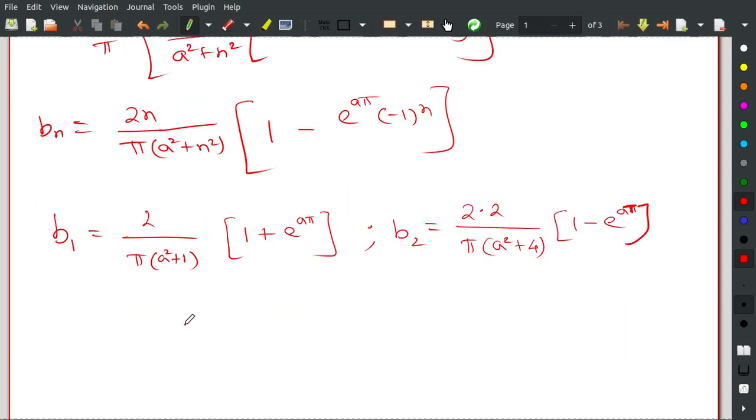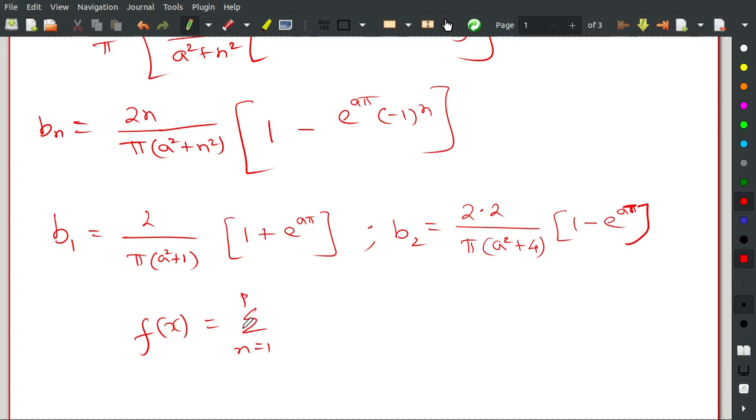Therefore our Fourier sine series for this half range is, here we have f of x, we know that f of x equals b1, so we have summation n equals 1 to infinity.